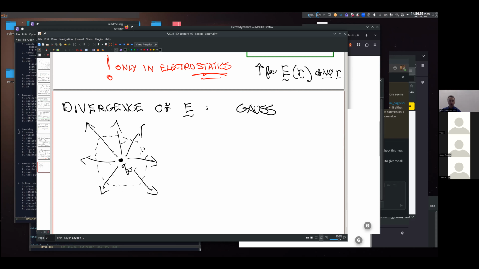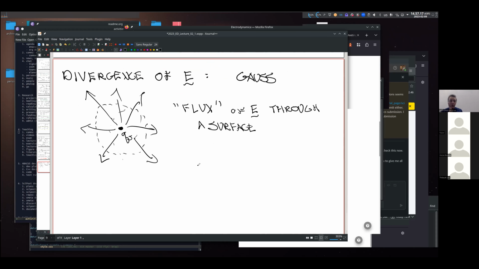So, the flux of E through a surface. What we're going to do is keep it easy.